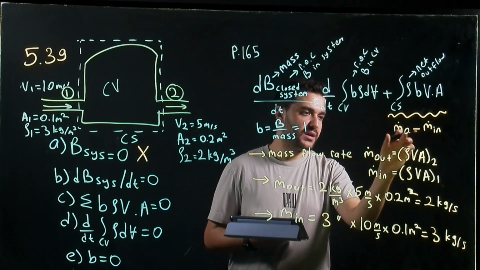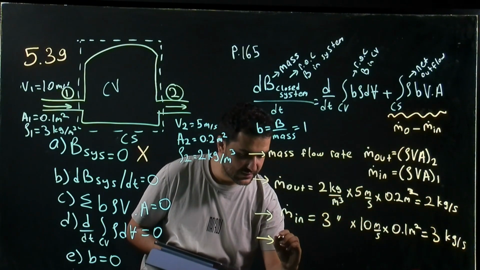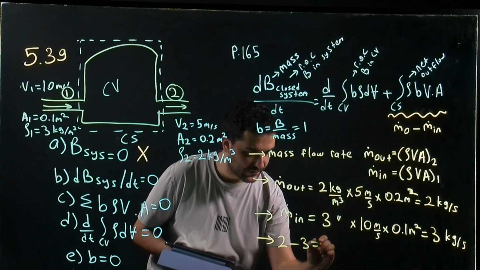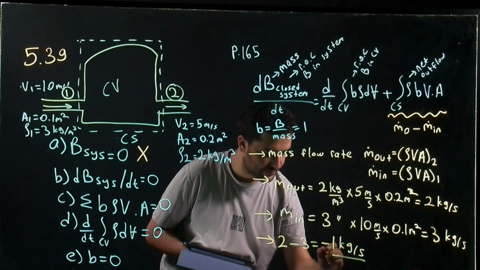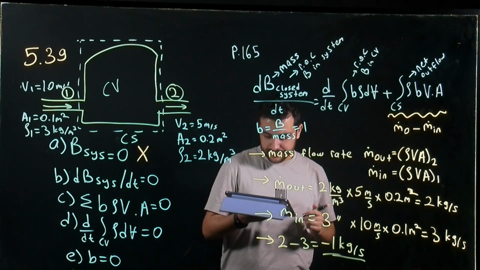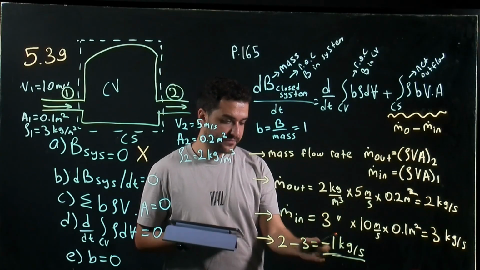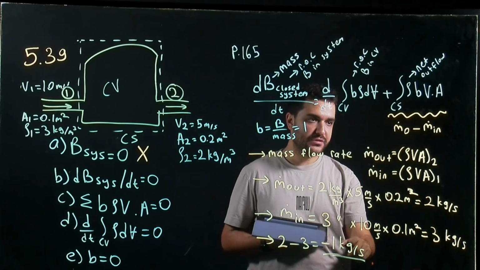So it is 2 minus 3, which is minus 1 kilogram per second. Briefly, this says that the net outflow is -1 kilogram per second.